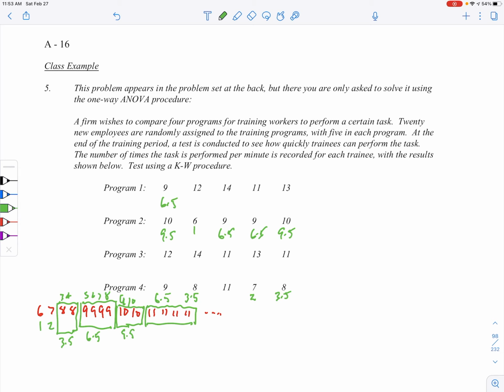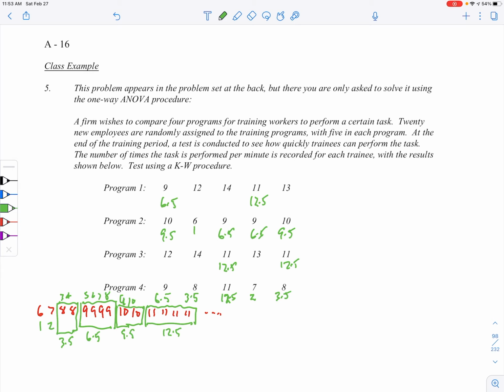You add them up, divide by 4, and you would get 12.5. So they're all going to be 12.5s. So where's my 11s? 12.5, 12.5, oops, 12.5, and 12.5.